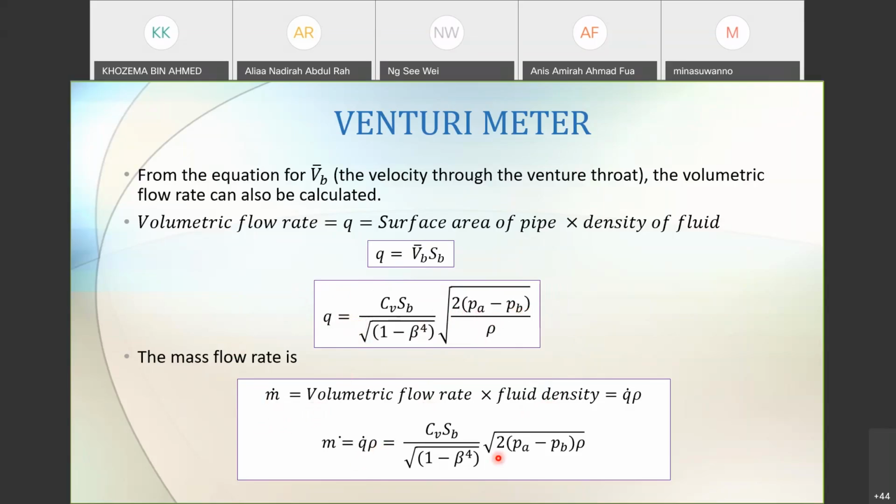You see here, instead of being on the bottom, your term for density will be on the top, because you are multiplying rho to the power of half by rho to the power of 1. So you get rho to the power of half here. So this is how you get the equation for your mass flow rate.